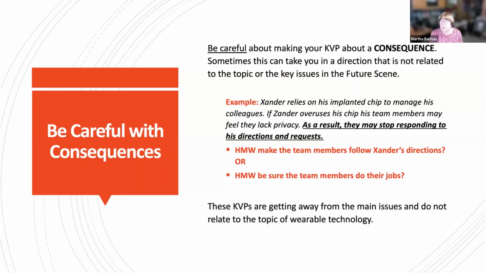So as a result, they may stop responding to his directions and requests. Now, if you make your KVP about that, how might we make the team members follow Xander's directions? Or how might we be sure the team members do their jobs? You can see that those ideas don't have a close relationship to wearable technology, nor are they one of the key issues in the future scene.